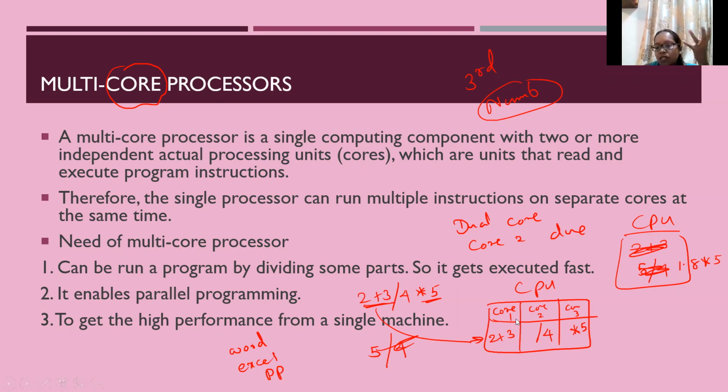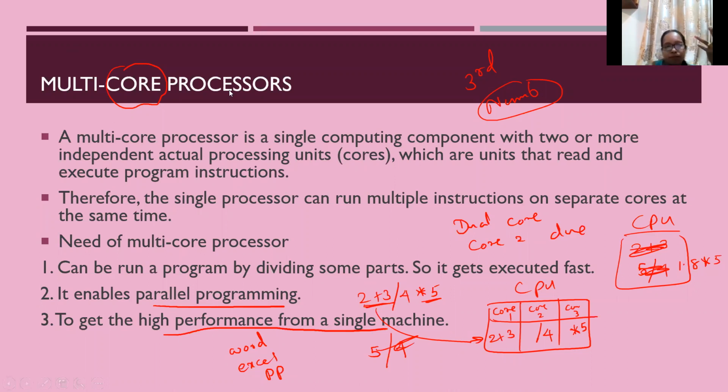If you have a multi-core one, you can hand over the Word job to one core, at the same time Excel to the second core, PowerPoint to the third core. Likewise, you can divide the processes into these cores. Anyhow, it will enable parallel processing, and it will increase the performance of a single machine by having multi-core processors.